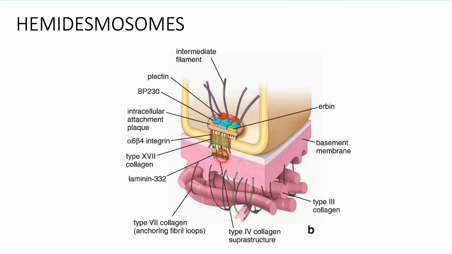So this is the laminin, and the association of alpha 6 beta 4 integrin with the laminin 332 will form a structure that is known as anchoring filaments. We can see the anchoring filaments over here.